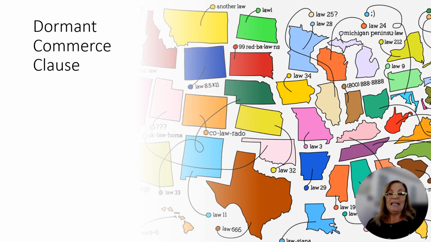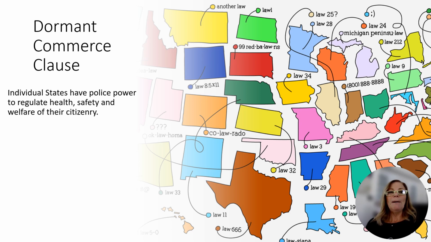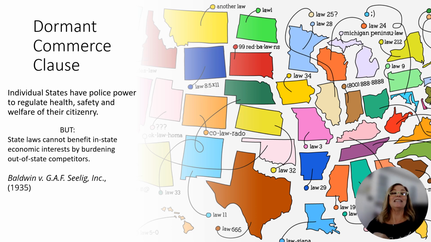So what had happened is the states were regulating their commerce and cases were coming up and the court said, okay, wait a second. You can regulate commerce, and you have police power to regulate the health, safety, and welfare of your citizenry, but you cannot benefit in-state economic interests by burdening out-of-state competitors.